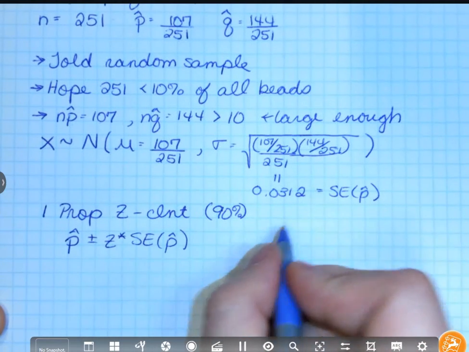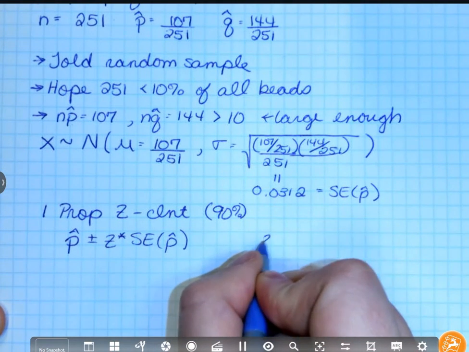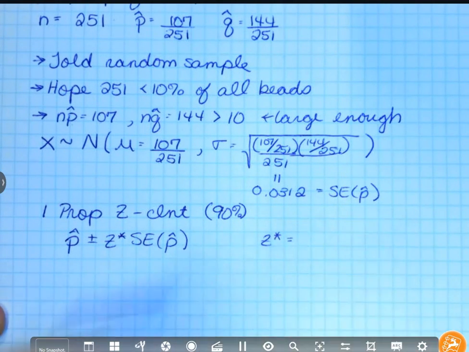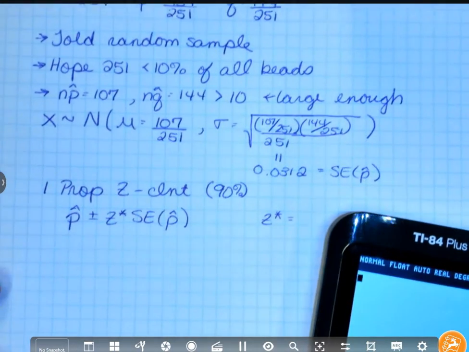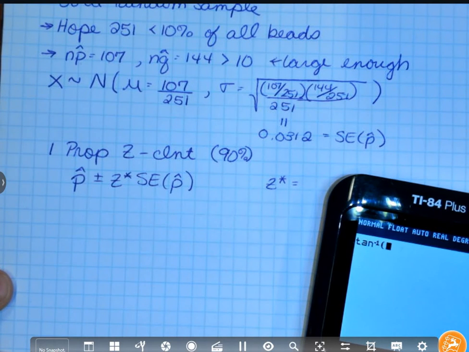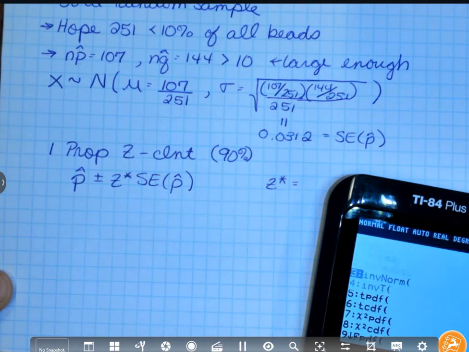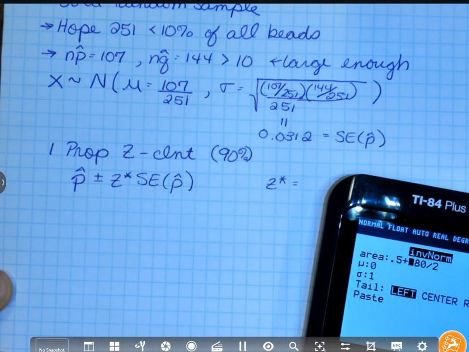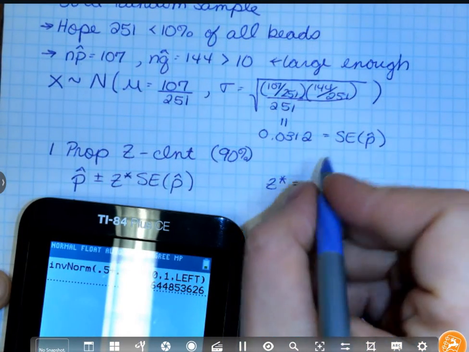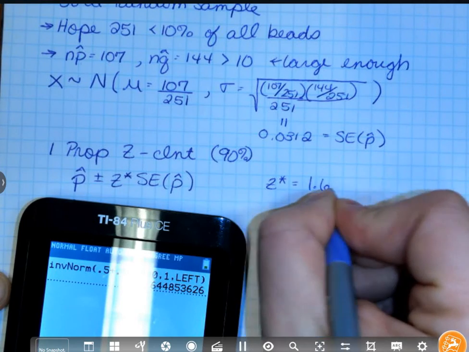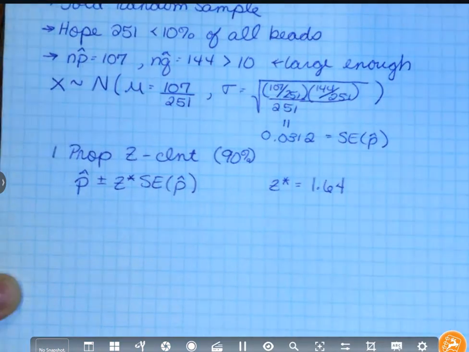So what's all I need to show? My z star. How do I calculate z star? Not inverse tan. Inverse norm. I'm going to do 0.5 plus 0.9 over 2. And that's going to be 1.64.